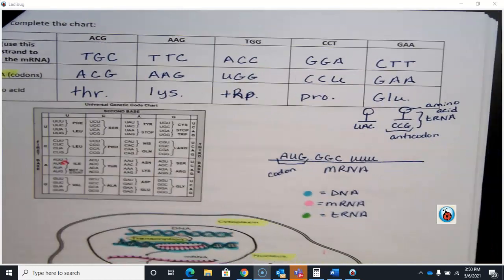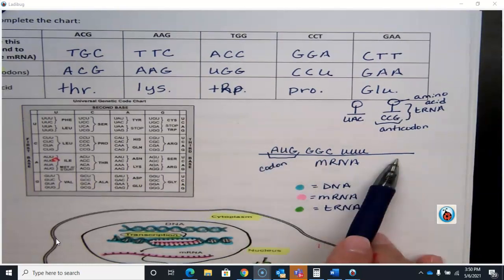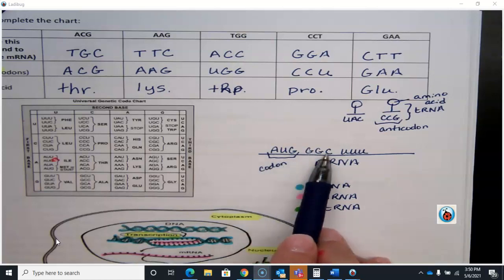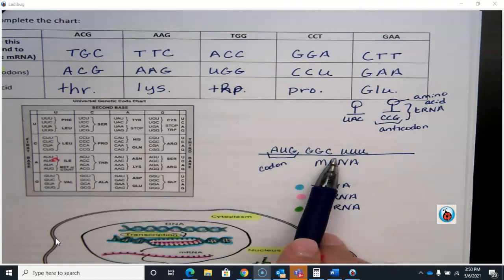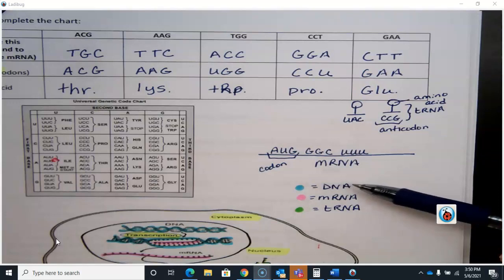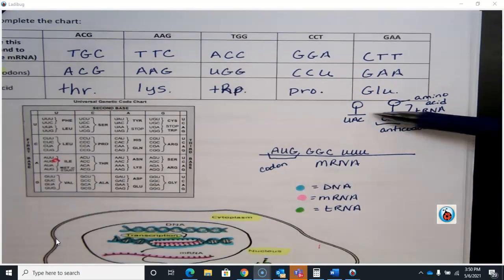Okay, so now I've got a little picture drawn, and again, you can pause the video to take a moment to draw this. So here I've got mRNA, and I've got several codons, AUG, GGC, UUU. And remember, mRNA got the code from DNA, that was transcription. So now we're going to be at the ribosome where translation takes place. And up here I've got transfer RNAs.